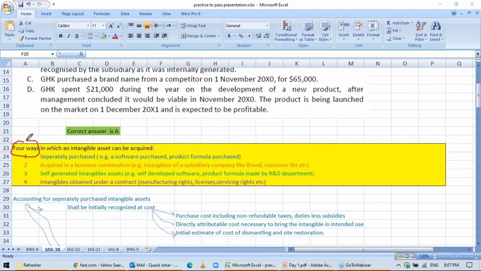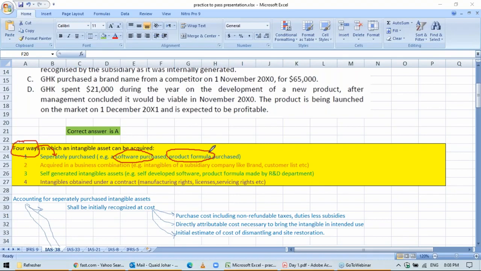The first is separate purchase. Separate purchase means you purchase the software, or you purchase a ready-made product formula from an outside company. So you can easily debit it at cost, right? No complications. You can debit at cost if you expect that future benefit will flow to the entity, the cost can be measured reliably, and you can control it.